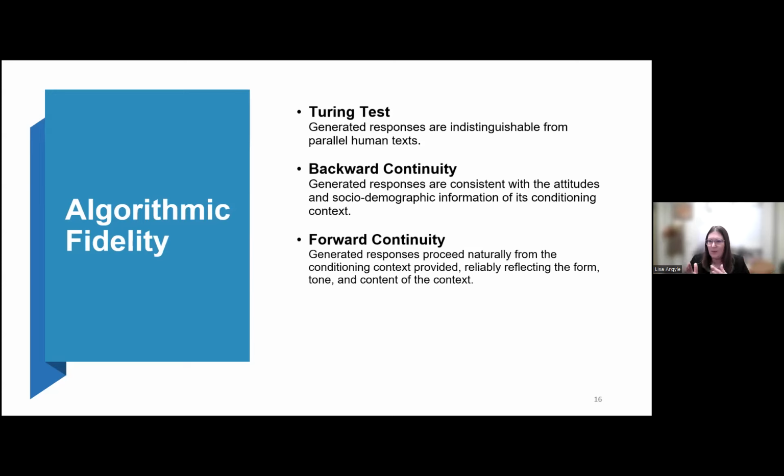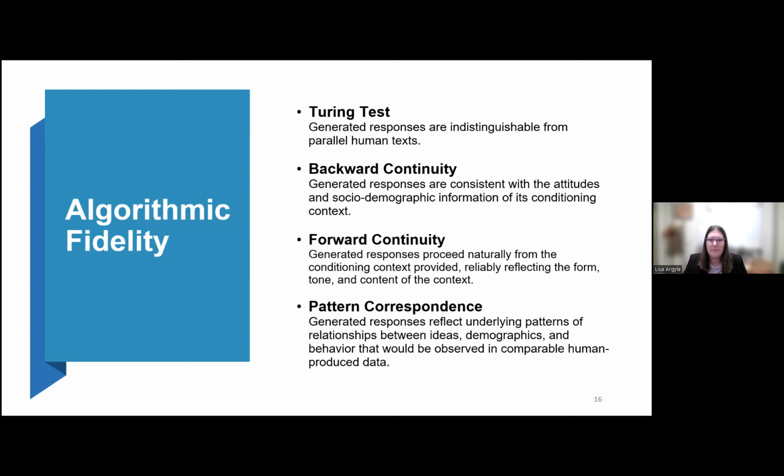So we should be predicting in a way that is consistent with what we're doing in that particular generative production task. And then some pattern correspondence. This shouldn't just be a surface-level correlation. It should go beyond that. We should see lots of complex interactions and relationships between lots of different kinds of variables and outcomes.